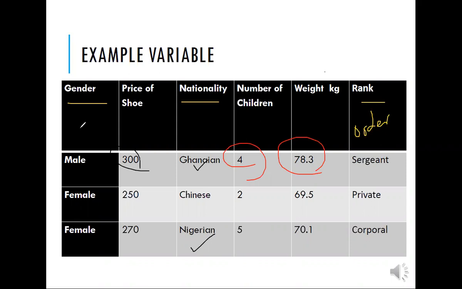So that is the difference between what we call the no order qualitative variables and then the order qualitative variables. So for the no order, we call them nominal qualitative variables. So gender and nationality are nominal qualitative variables, whilst rank is a what? An ordinal. Ordinal means there is order. Okay, there is an order in the ranking.